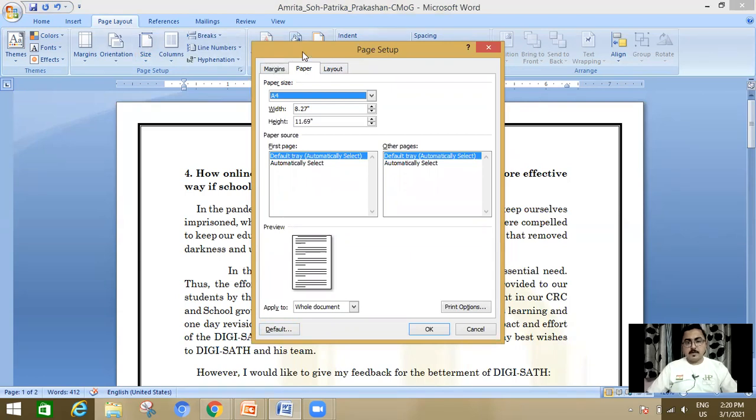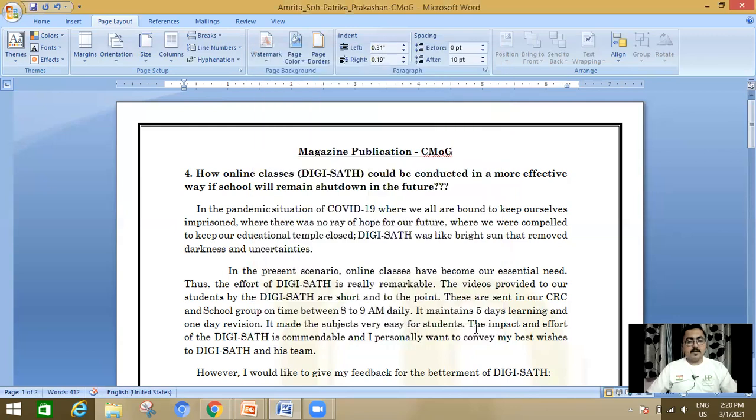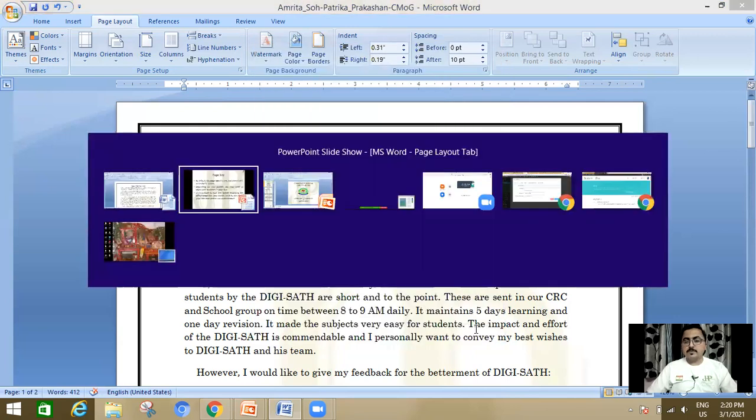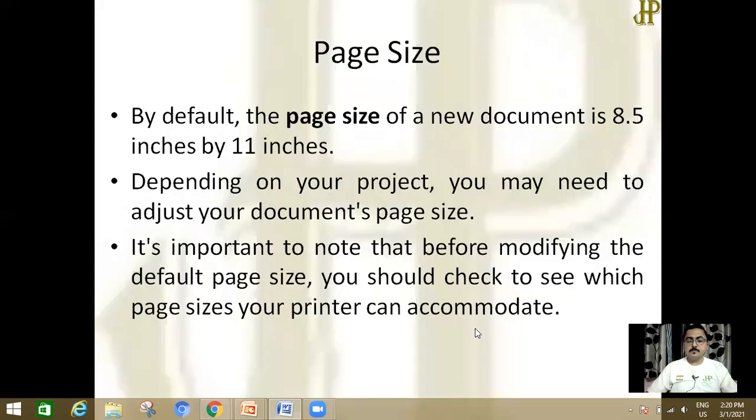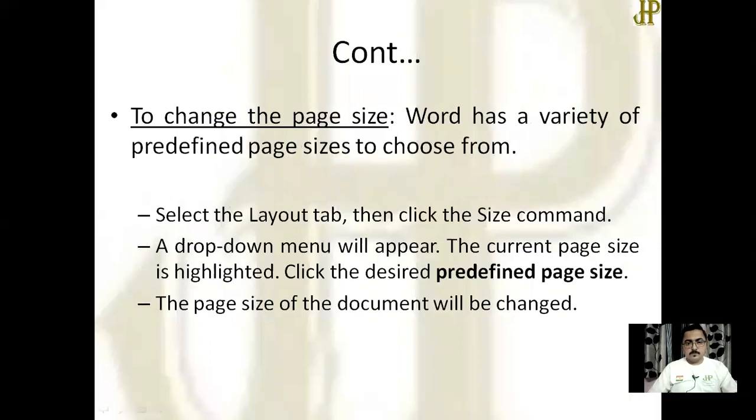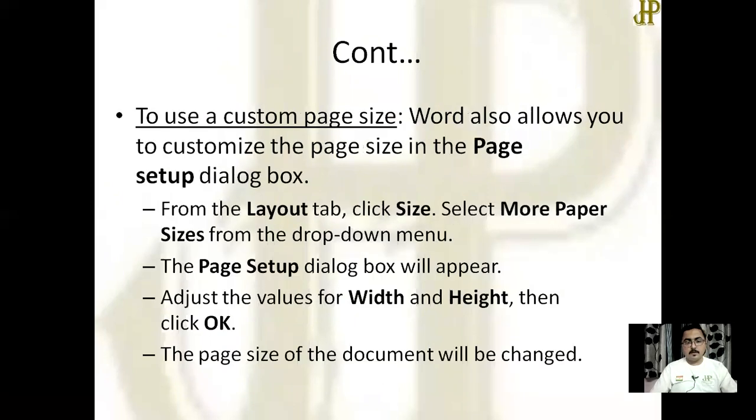Choose the paper tab. Now from here, you can change the width of the page and here the height of the page and then click on OK. That's all. I think it is very clear to you how to change the size of the page.